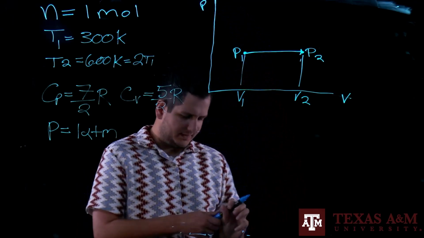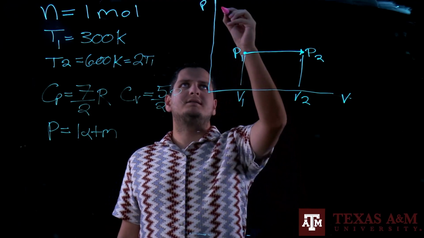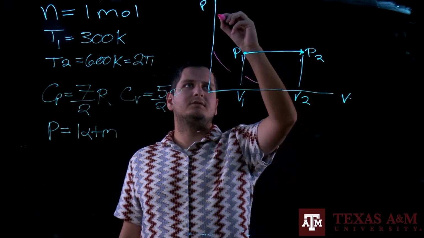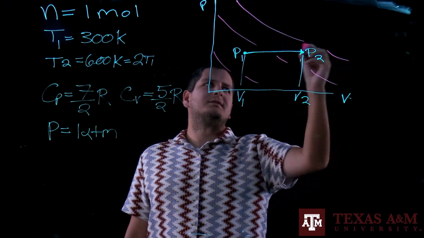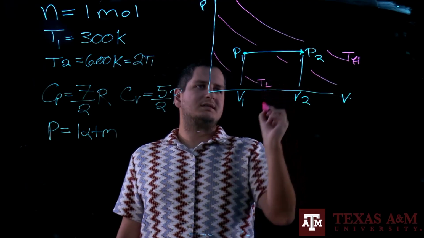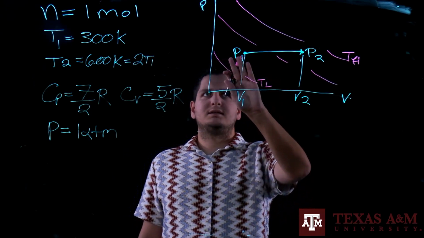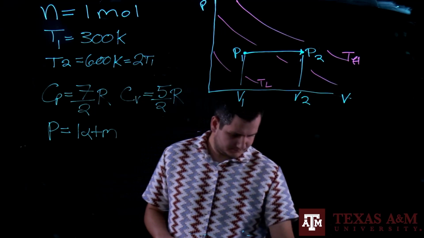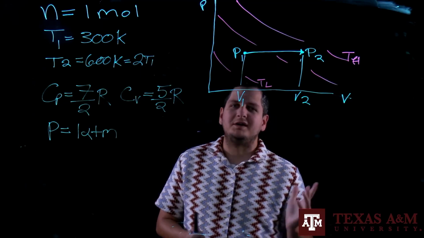Also remember, it's good to keep in mind that there's always a temperature gradient. So there are isotherms on this. So that means T high, T low, roughly.